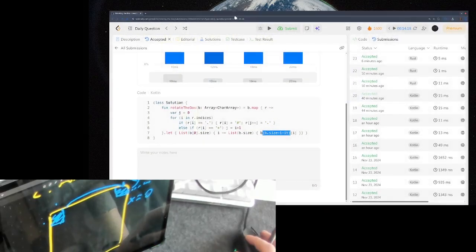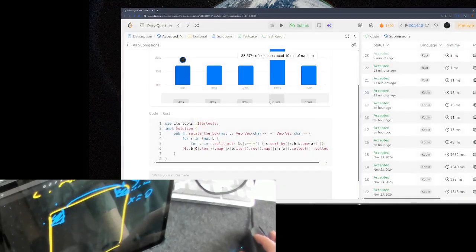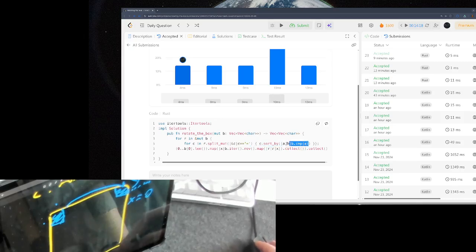Now let's look at the Rust. This is another idea, not what the linear solution suggests. It is an n log n solution. So if we just split each row into these blocks, chunks, then we can sort these chunks in reverse order, and that will naturally put dots to the left.